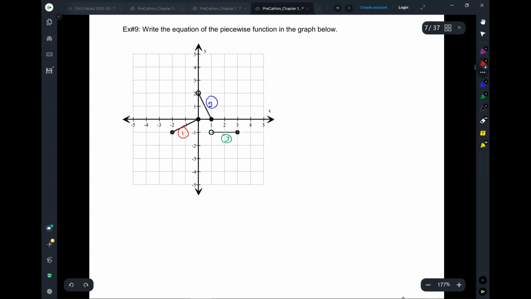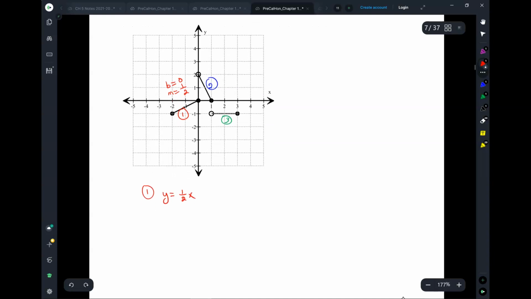So for the first one, what's the slope? Positive a half, up 1 over 2. What's the y-intercept? 0. So the first equation, y is half x plus 0.